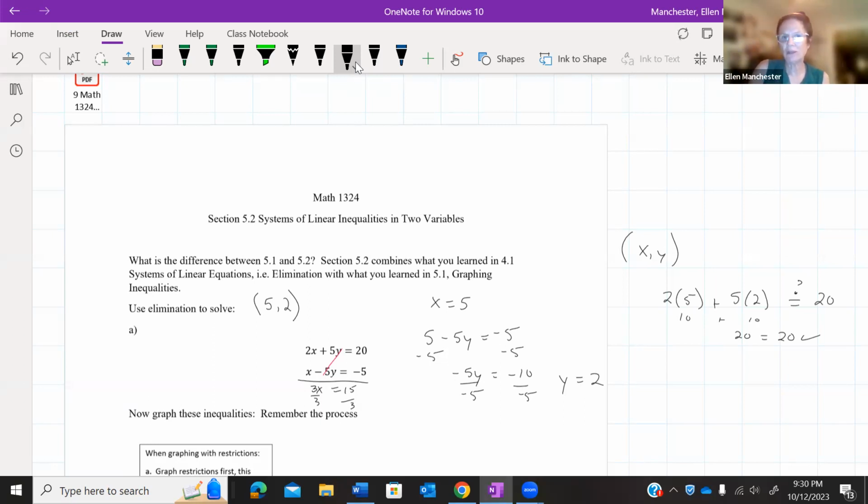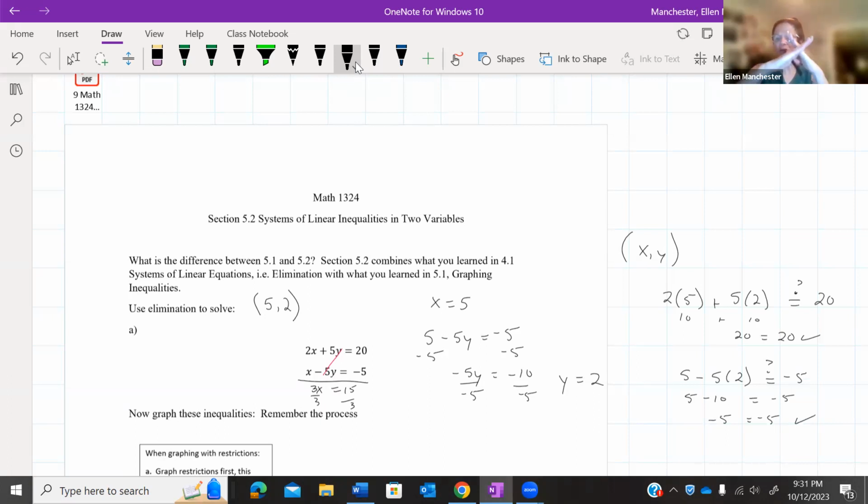Now, if that's true, it should satisfy the second equation. So I have 5 minus 5 times 2. Does that equal negative 5? Again, that's what I'm asking myself. Does this solution satisfy both? It has to satisfy both equations. So 5 minus 10, does that equal negative 5? Well, it does. Negative 5 equals negative 5. So both lines are satisfied.